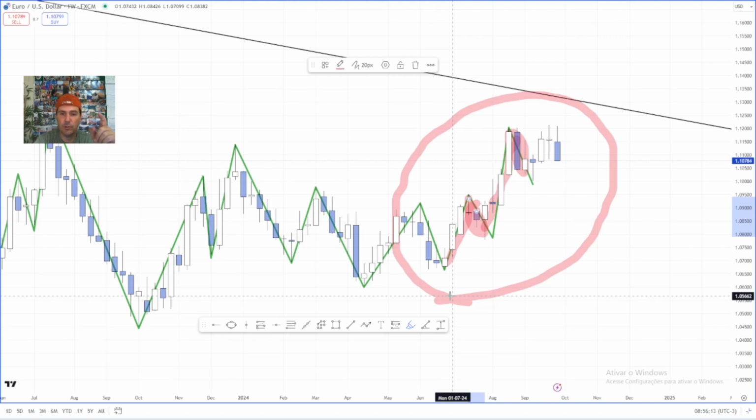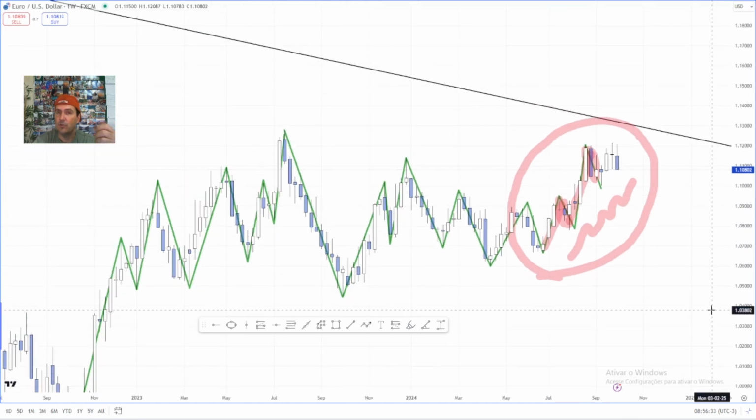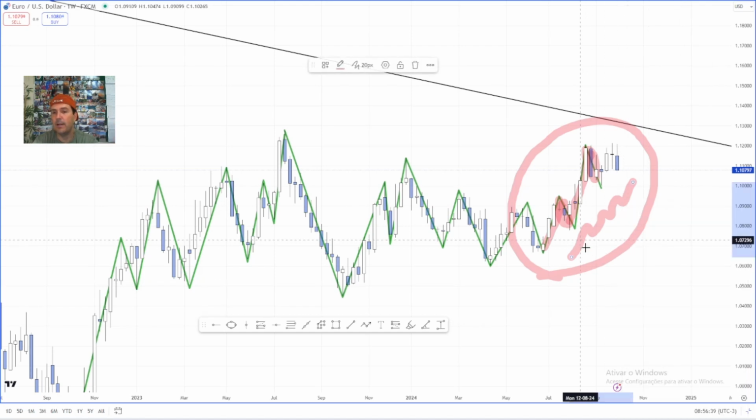Do we agree that from July until today the market was making higher highs, higher lows? So euro dollar on the weekly chart was pushing up. If you would trade on the 1-hour, 2-hour, or 15-minute chart, you would have a better chance. Not right or wrong, just a better chance. Short term to buy. Does this make sense?